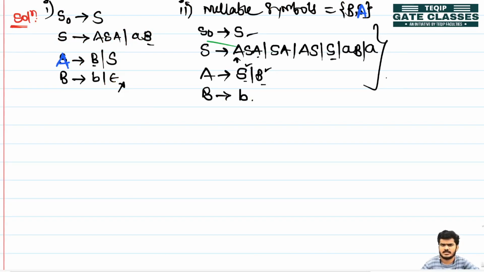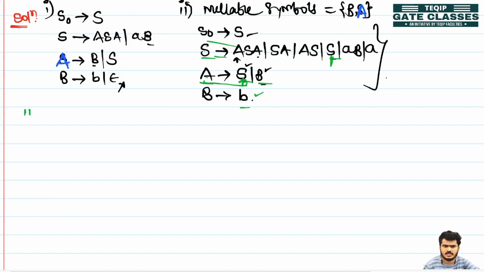S naught produces S, S is producing S, A is producing S and capital B. So what we will do? For S we have these productions, we will write them here. Similarly, S is having this production, and for A produces S, instead of S we write this production without this S. And A is producing capital B, so instead of this B we will write B producing small b by using this production.